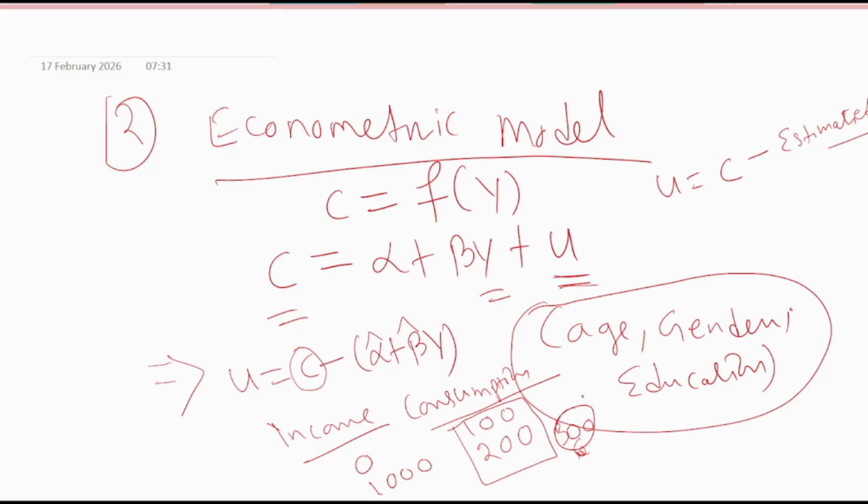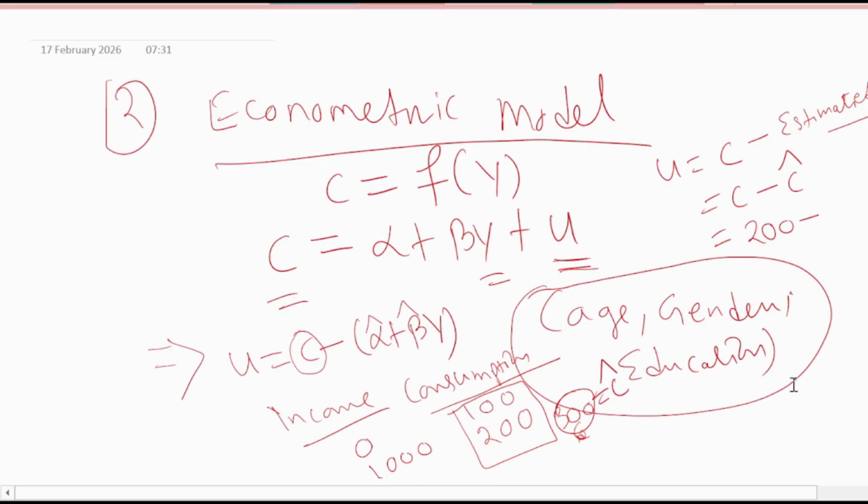Actual minus estimated. So the estimated value you can just write as C minus C hat. So here the actual value is 200, but you estimated that if income increases from 0 to 1000, then the consumption will increase from 100 to 300. So the error will be actual minus estimated, that is minus 100.